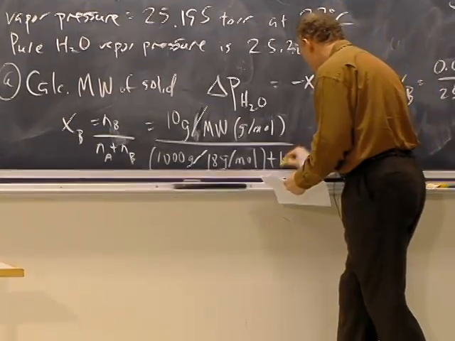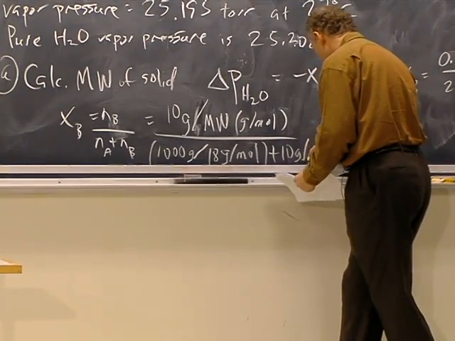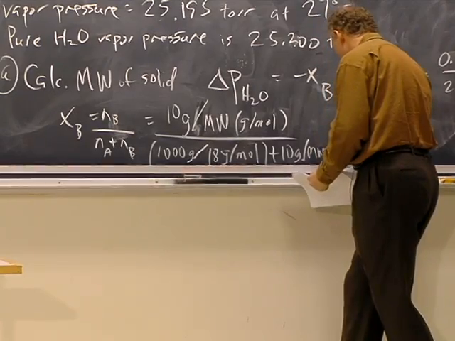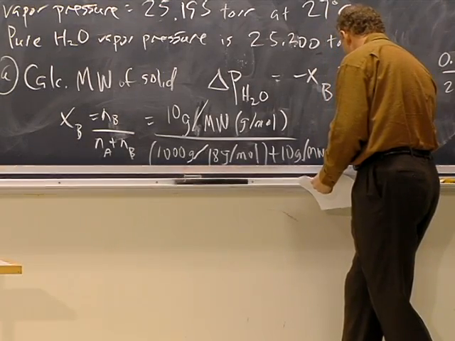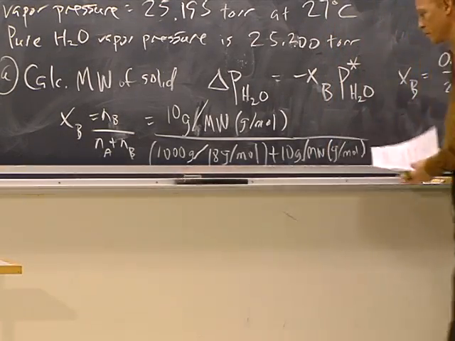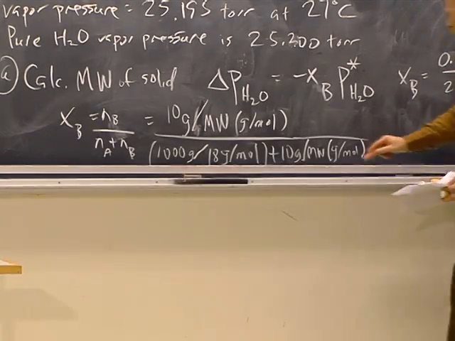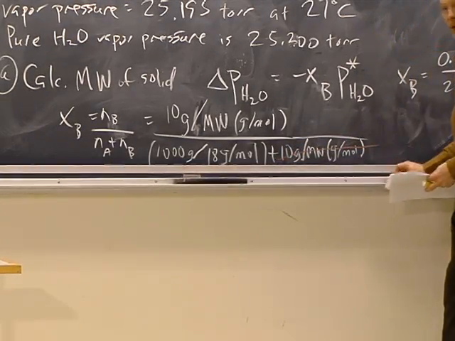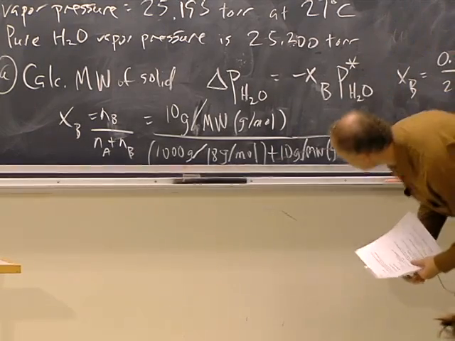plus 10 grams divided by the molecular weight in grams per mole. But since the solution is overwhelmingly water, we can get rid of this term and make the math simple. Can you see that? I guess barely.